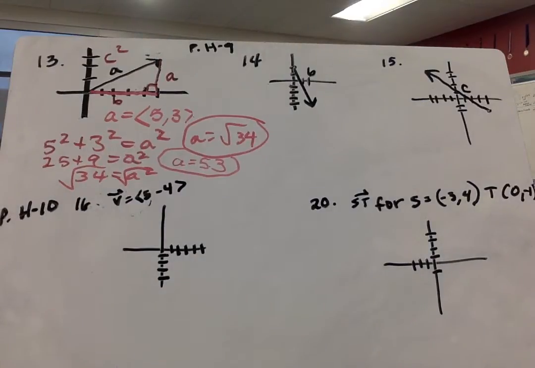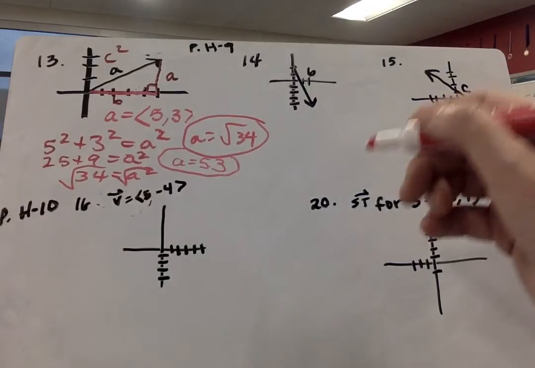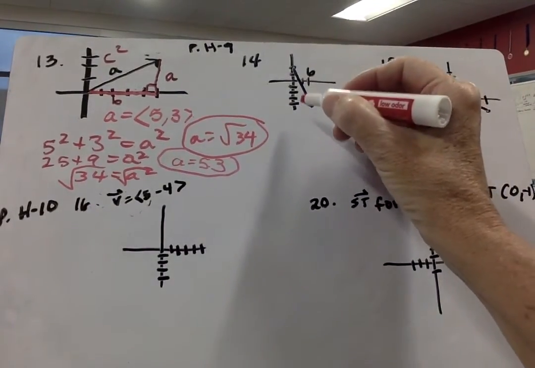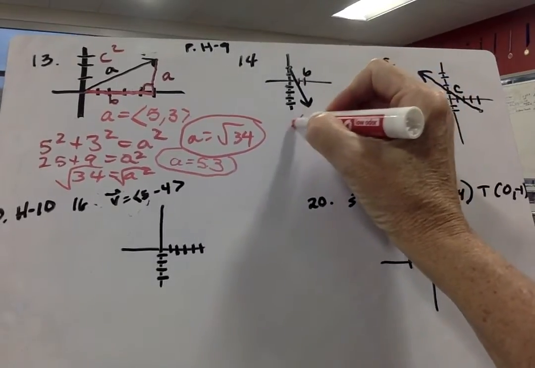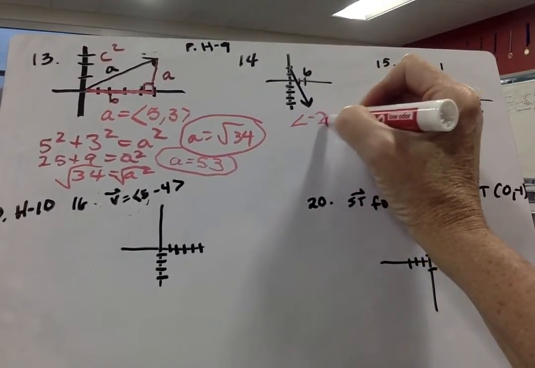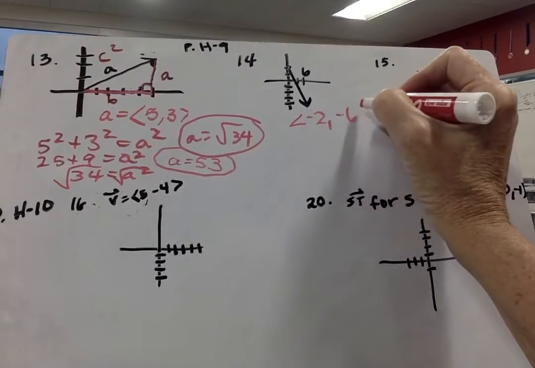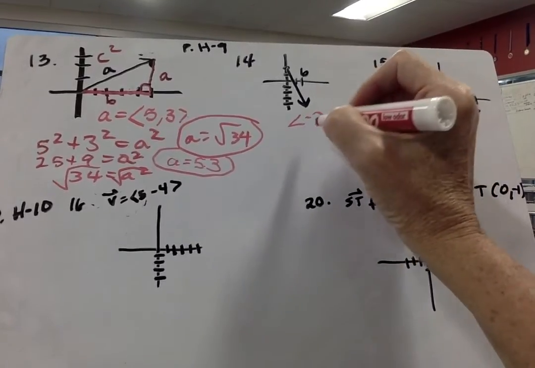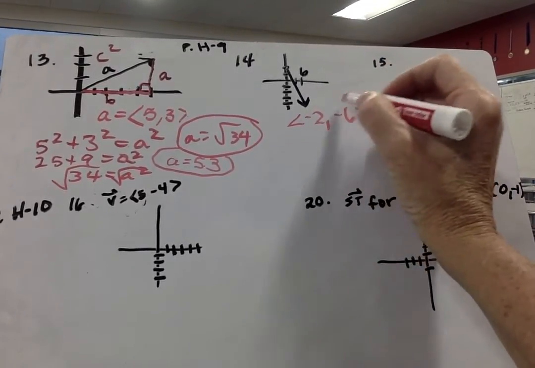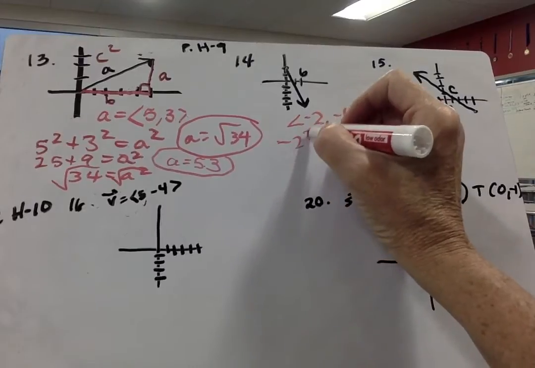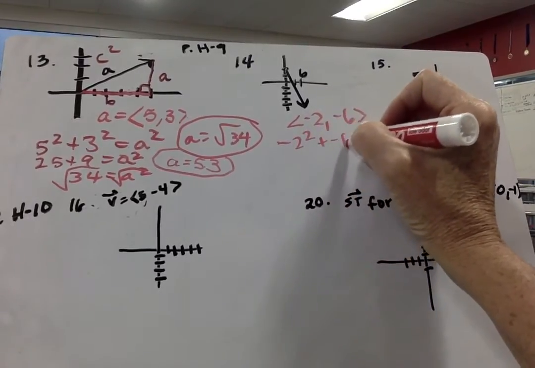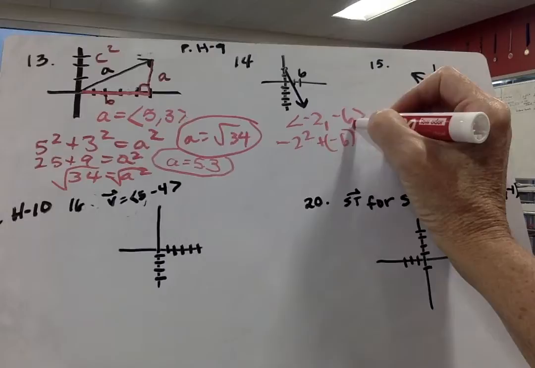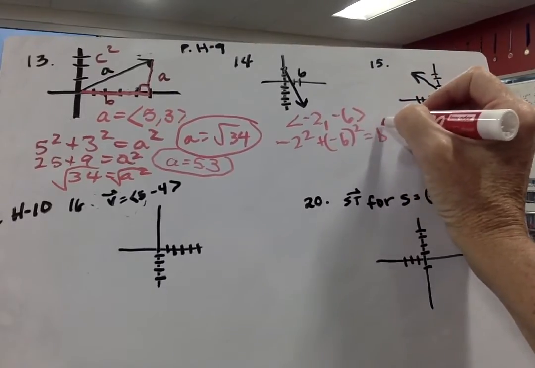Number 14. It says B, so that vector B, I'm going to write it in component form. We're going to go left 2, so that's going to be negative 2, and then down 6, negative 6. So then to find the length, I'm going to go A squared plus B squared, so negative 2 squared plus negative 6, and I should put it in parentheses, squared equals b squared.